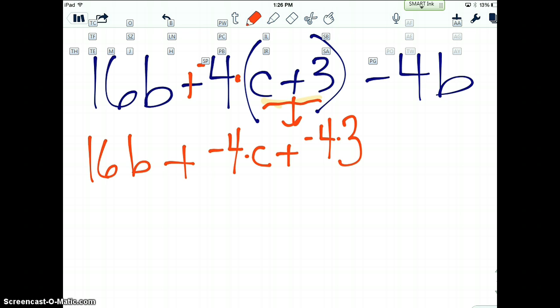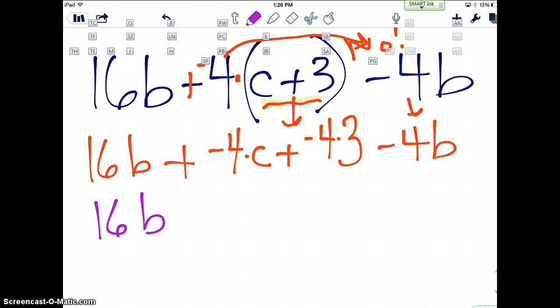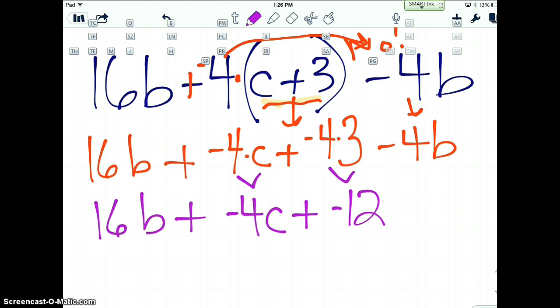And then do I distribute this negative 4 over here also? No, because it wasn't in parentheses. So I just bring down the rest of the problem, minus 4b. Okay, next step. 16b is still there, plus when I multiply this, I'm at negative 4c. Plus, multiply those, I'm at negative 12. And then minus 4b.